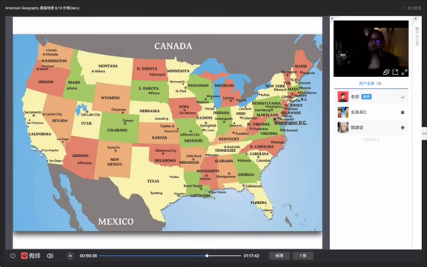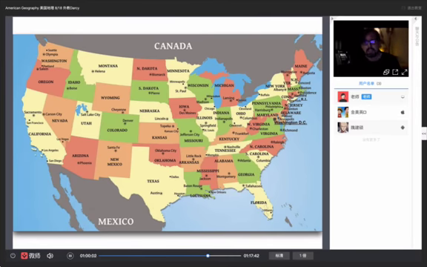Maine, capital city Augusta. New Hampshire, Concord. Massachusetts, Boston. Rhode Island, Providence. Connecticut, Hartford. New York, New Jersey, Trenton. Delaware, it's hard to see, Dover.